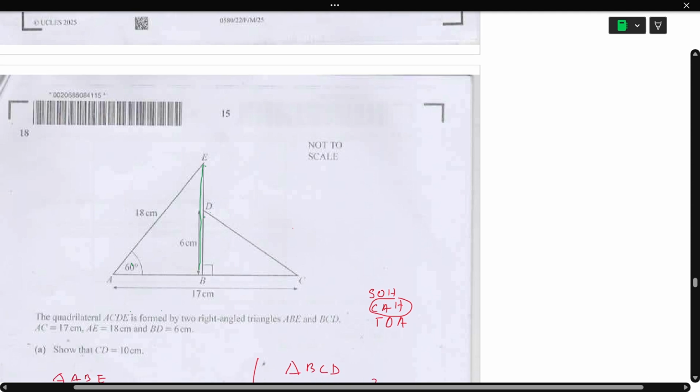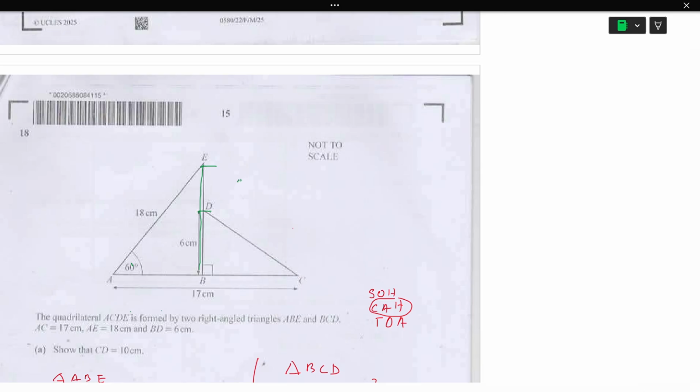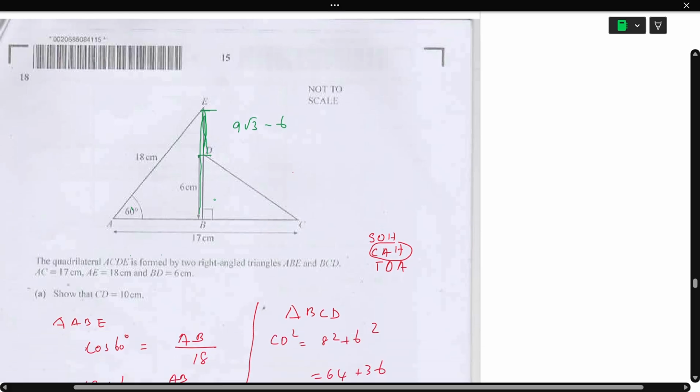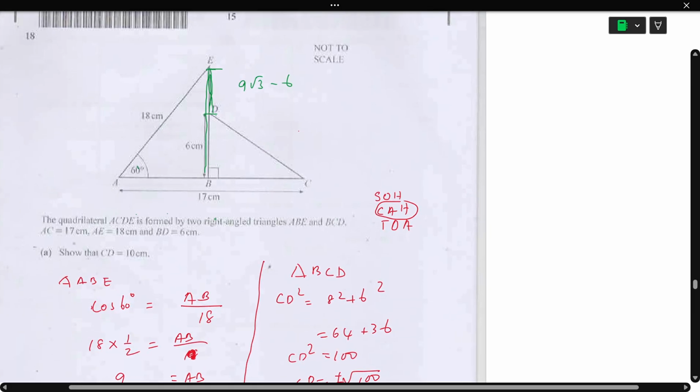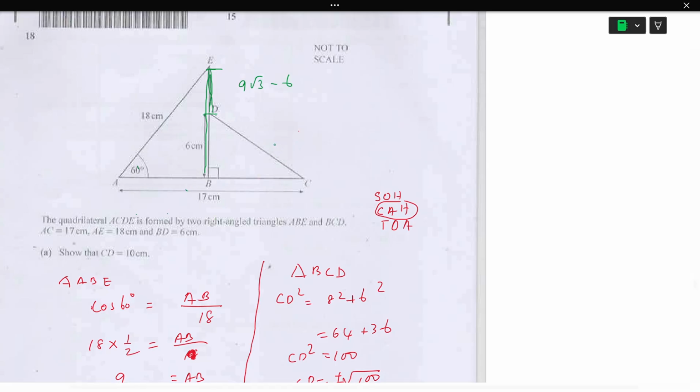So here to here is 9 root 3 minus 6 for this length. Okay, so I got ED. Now I can do the perimeter. I need to add all the sides. So here is 10.